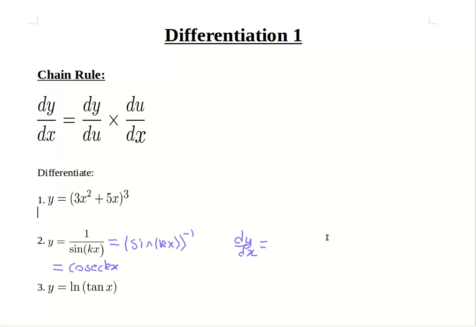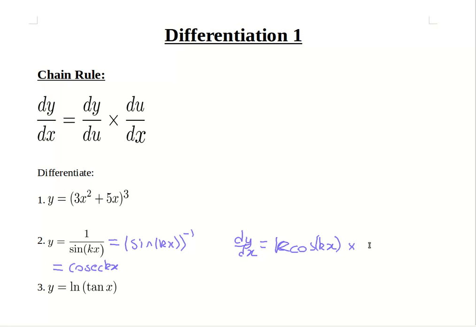Okay, I'm looking for dy by dx here. Let's differentiate within the function first. Sine kx differentiates to k cos kx. Let's put that in brackets. And then we're going to be multiplying that by what stuff to the -1 differentiates to.